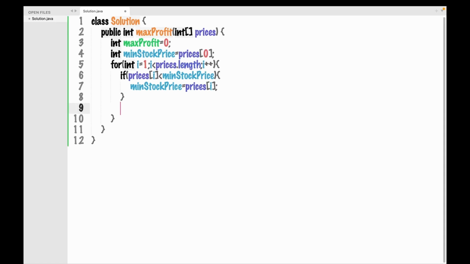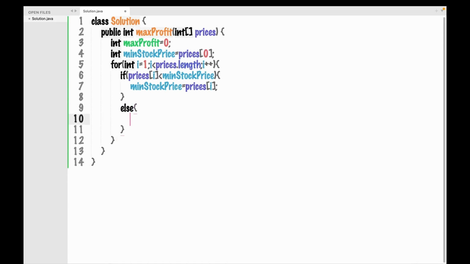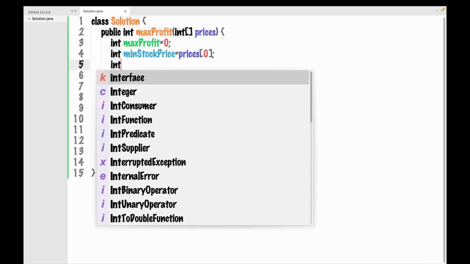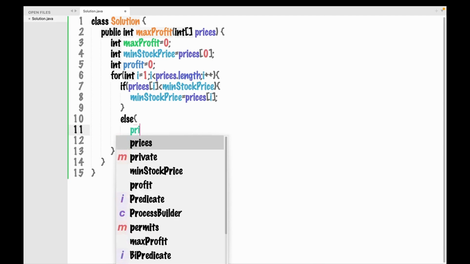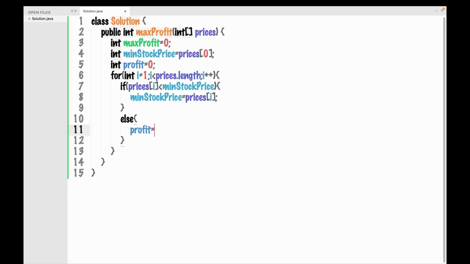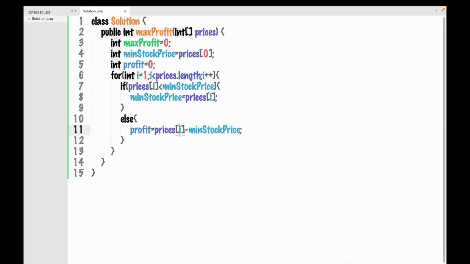Else, if this element is greater than the minimum stock price, we would keep another variable called profit as 0, and if this element is greater than the minimum stock price, you would update the profit to the difference between this element and the minimum stock price. That is, prices[i] minus minimum stock price.